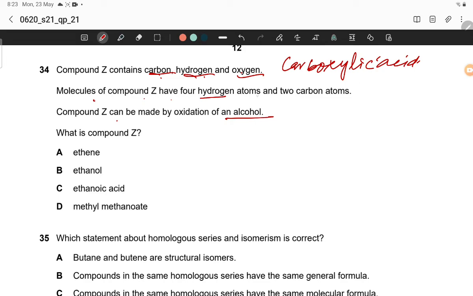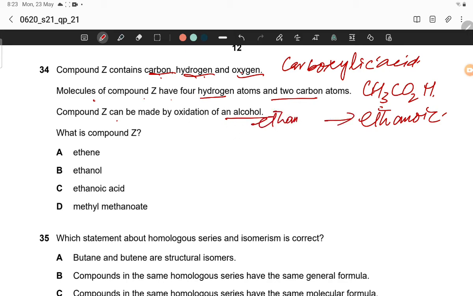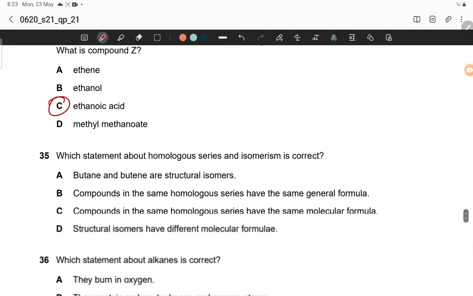So this must be CH3CO2H, ethanoic acid, and it is produced from ethanol oxidized to form ethanoic acid. So option C is correct.